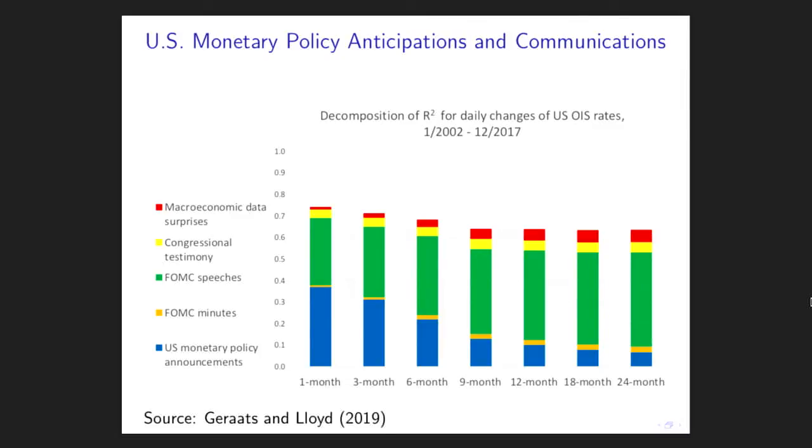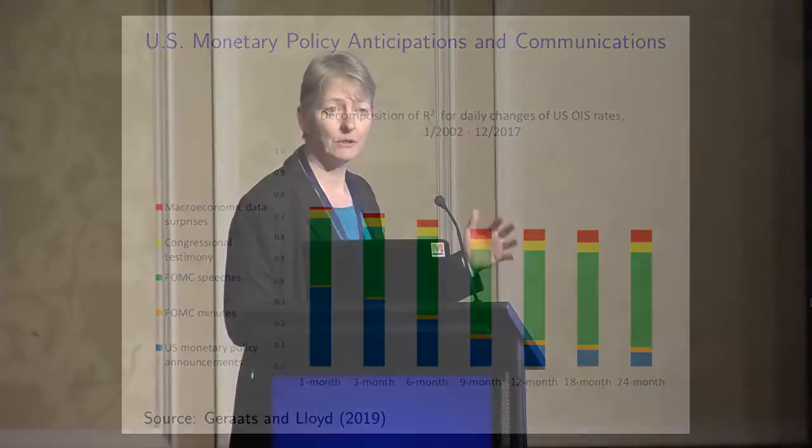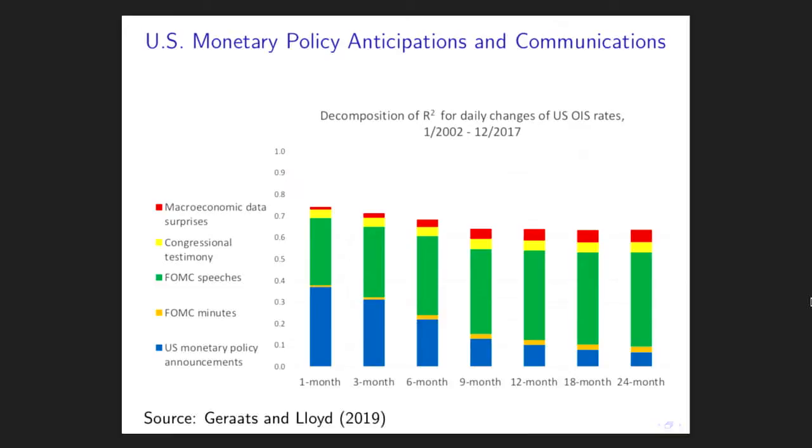We also see that the explained variation declines over time. So to allow for a comparison across different horizons and also across years, we normalize it by looking at the fraction in terms of the explained variation. That's shown in this picture here.